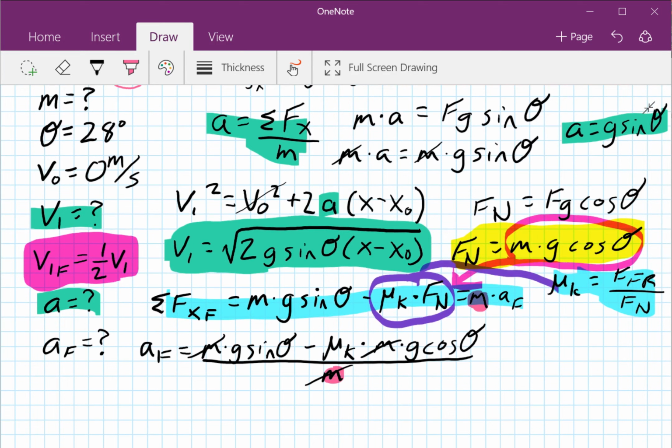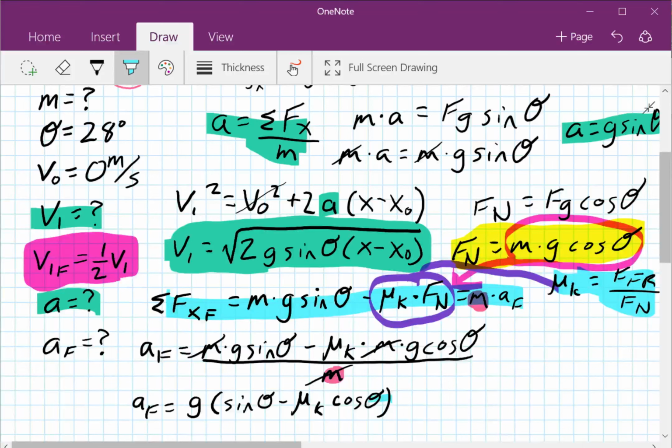And I can factor out the g. So you would have the acceleration with friction would equal g times the sine of theta minus the coefficient of kinetic friction times the cosine of theta. So we said friction would be the teal color.